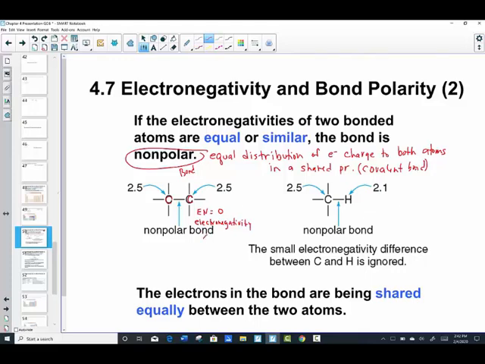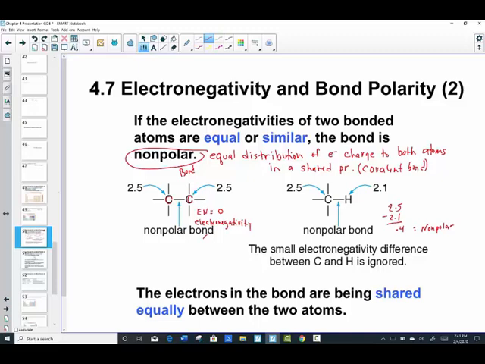The other very common nonpolar bond that you should just remember is carbon to hydrogen. The electronegativity difference is only 0.4 between carbon and hydrogen. That's a very insignificant value, so that is also considered a nonpolar bond.